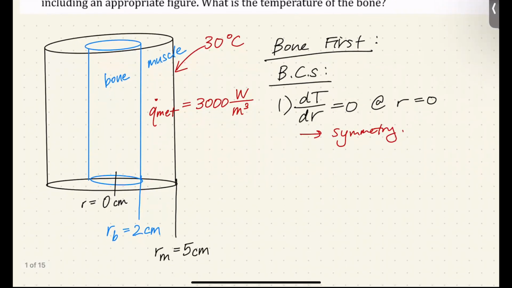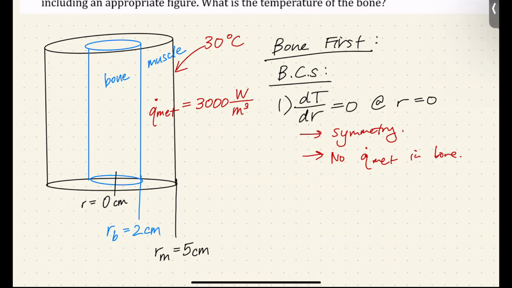So by symmetry, we also know this because there's no Q_met in bone, right? We don't have anything that's generating heat in the bone. And by symmetry, we also know that dT/dr is 0 at this point. That's really important to note.